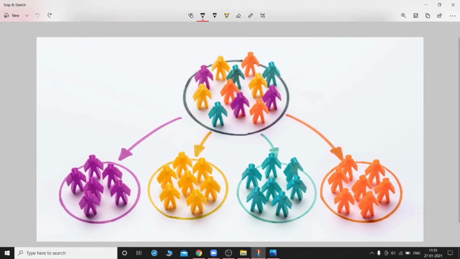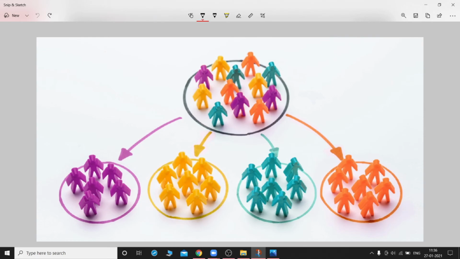Coming to the applications of k-means clustering, it can be used for social media segregation, as I told before. It can be used for, let's say, search engine segregation. For example, a set of data on what people usually search for can be easily obtained using this algorithm.